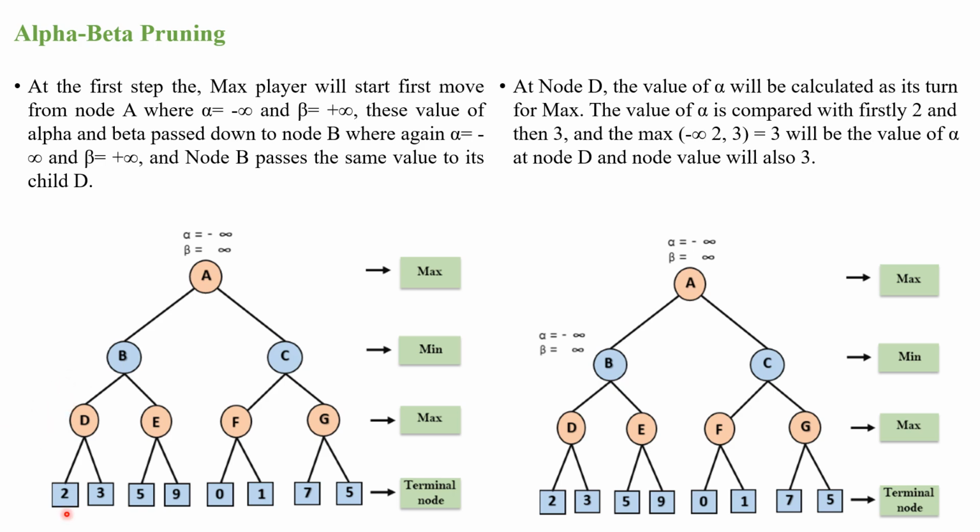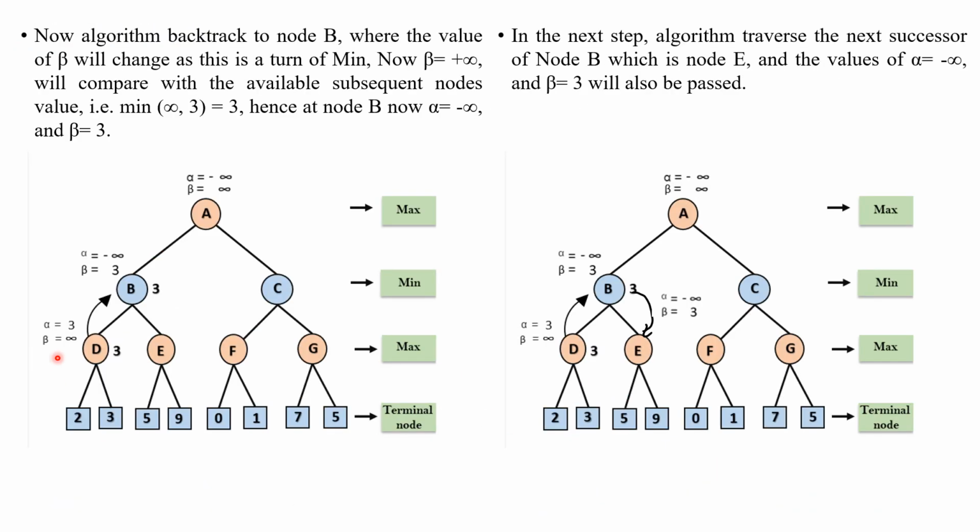Minus infinity is compared with 2, and 2 is the maximum. Then 2 is compared with 3, and 3 is the maximum value. So the node value is 3, and alpha equals 3.